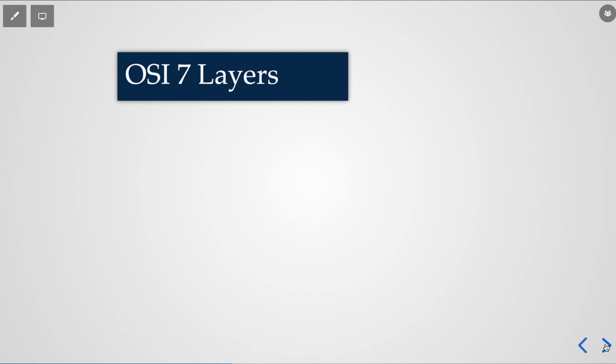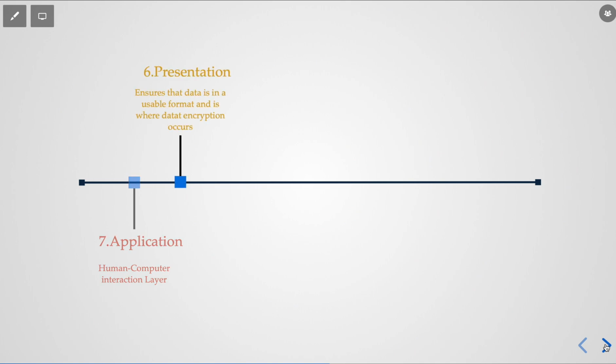And what are the OSI 7 layers? The first is application. What is the application? Application is the human-computer interaction layer, and presentation ensures that data is in a usable format and is where data encryption occurs.